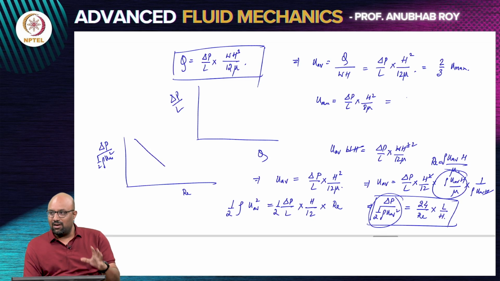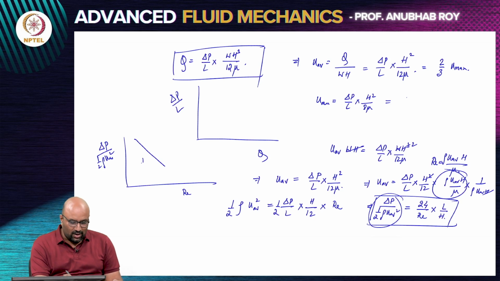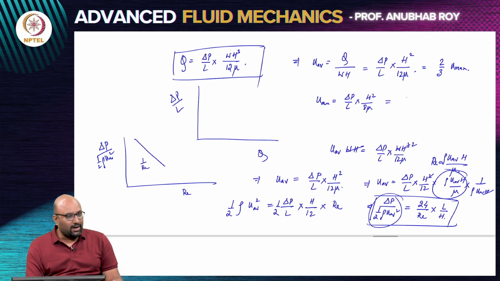So from this channel flow exercise, you are able to now obtain that as you keep increasing the Reynolds number, which is a non-dimensional measure of your flow rate, the pressure drop keeps decreasing, 24 by Reynolds being the precise term in terms of its variation with Reynolds.